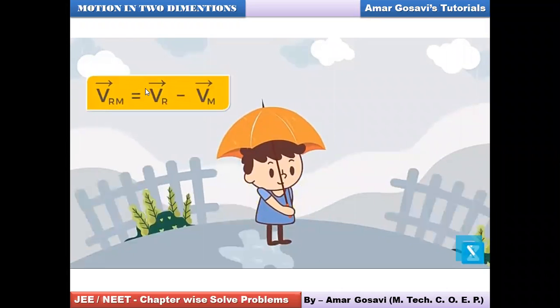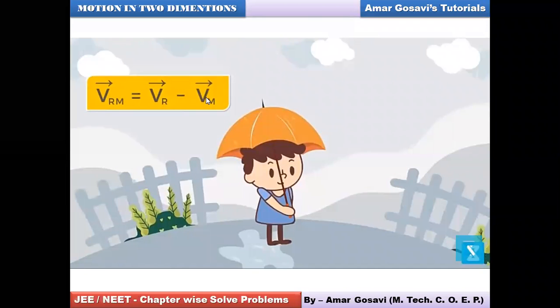First of all, as per our concept, the relative velocity of rain with respect to man is denoted VRM bar. That means the velocity of rain with respect to man is velocity of rain minus velocity of man.